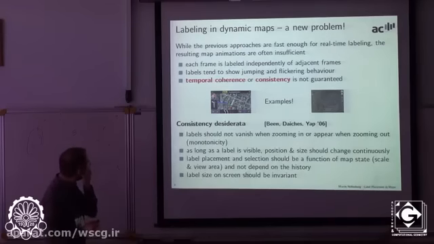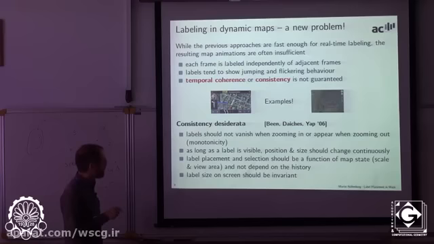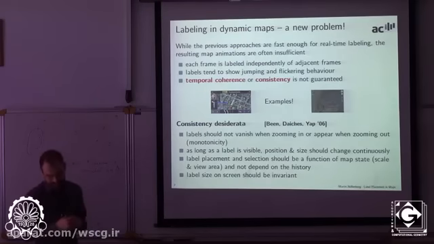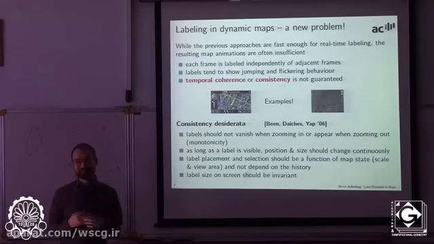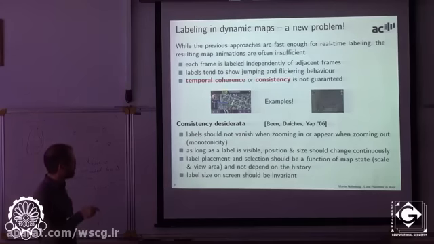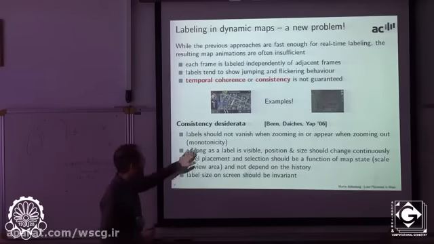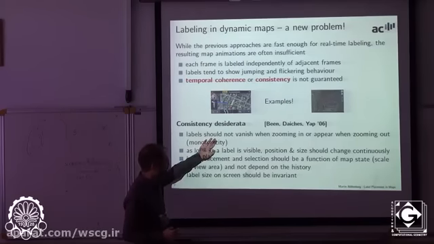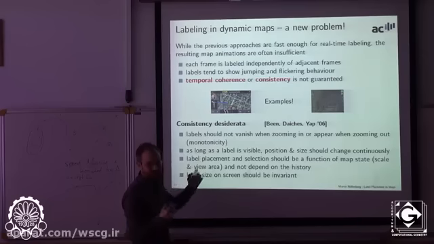So in the first paper on dynamic map labeling from 2006, Been et al. described a number of criteria that you might want to apply for making dynamic labelings nicer. So for example, they say that if you zoom into a map, so you search for more detail, then labels should not disappear. Because you search for more, and then if something disappears, it's strange. Maybe you can weaken this a little bit, because at some scale you don't need the country names anymore when you go to city level.